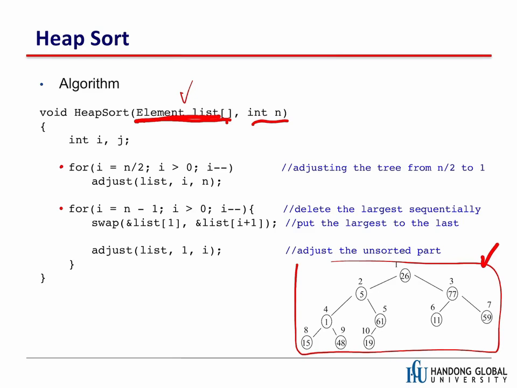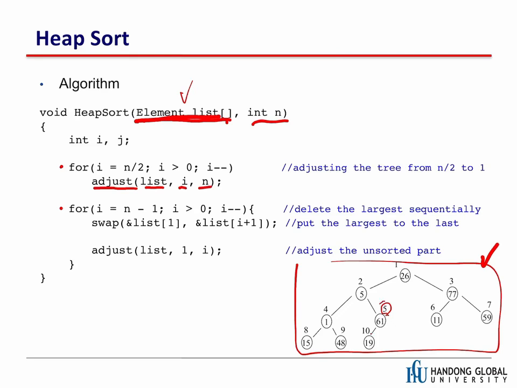I start from n over 2. So in this example, I start from 5. Then we call this adjust function passing list, i, and n.